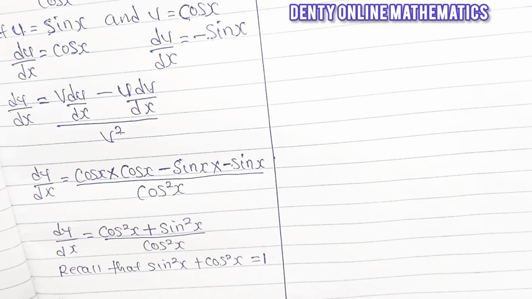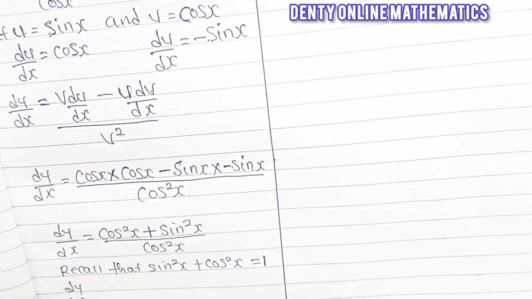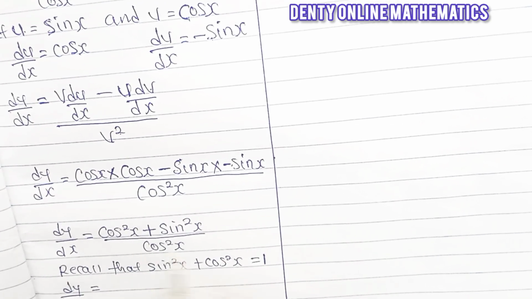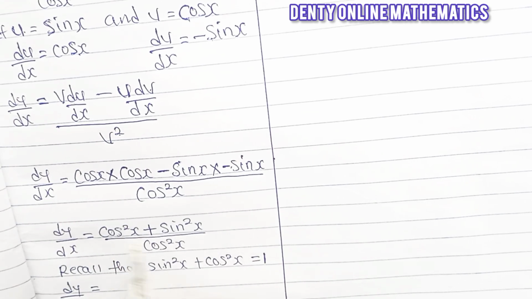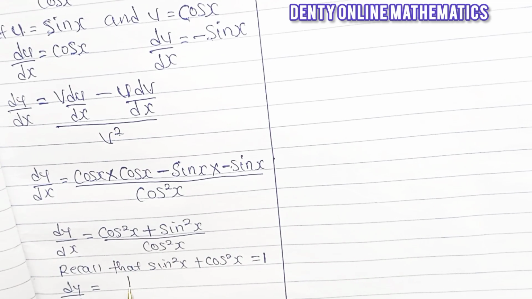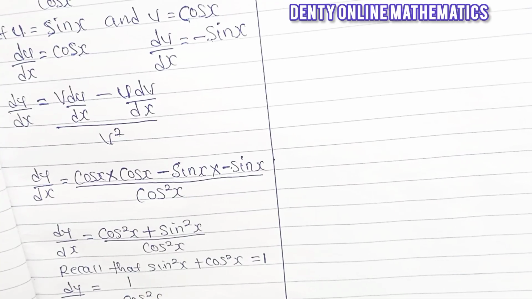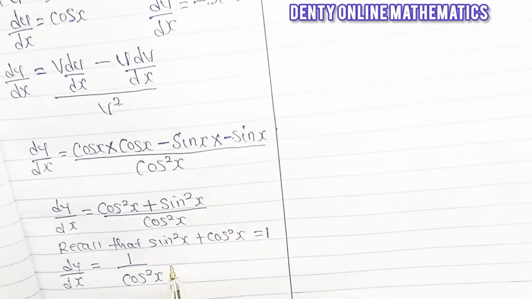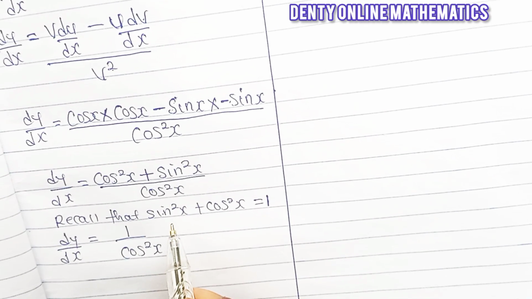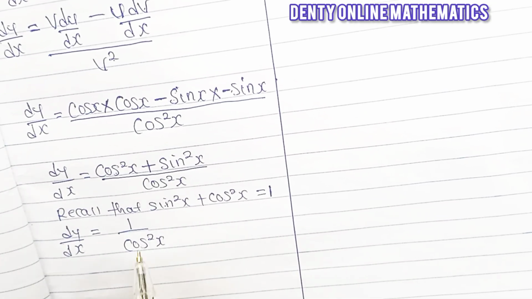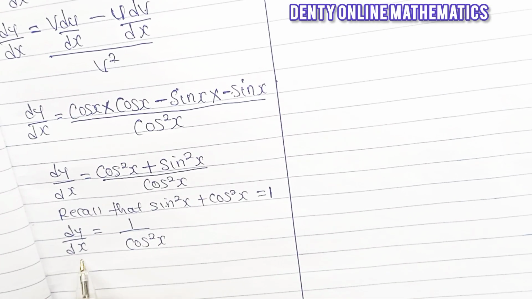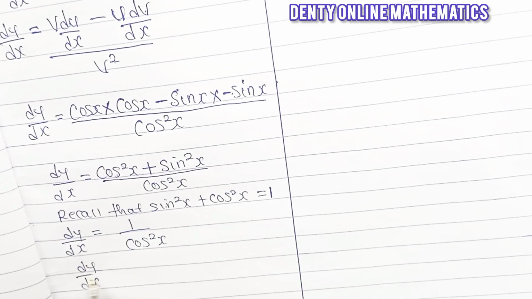Now this implies that our dy over dx will be equal to, since sin squared x plus cos squared x is equal to 1, cos squared x plus sin squared x is the same thing as 1, all over cos squared x.